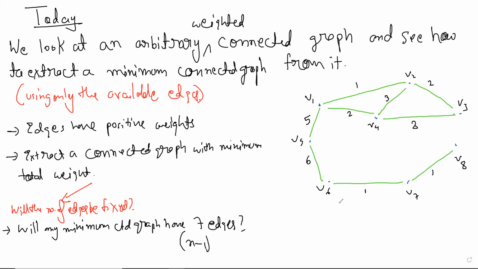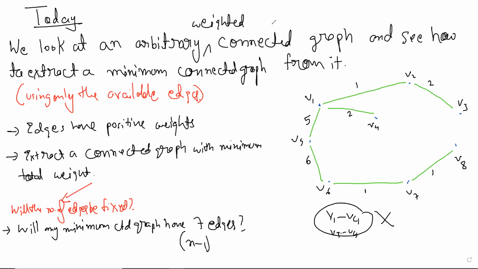So you remove v1, v4, and then you can also remove v3, v4, and you get this graph. It is quite clear that this is the minimum.